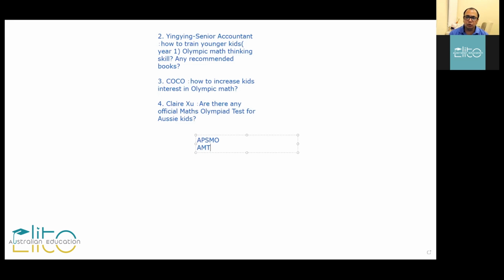If you are going to do it through the school, very, very few schools do it. I'm not exactly sure why so few schools are interested in it, but most schools try to steer clear of AMT because the results usually are quite poor and they don't like to put it up. But that is the actual Maths Olympiad for Australia, and this is where the Australian Maths Olympiad team is chosen for the International Maths Olympiads.